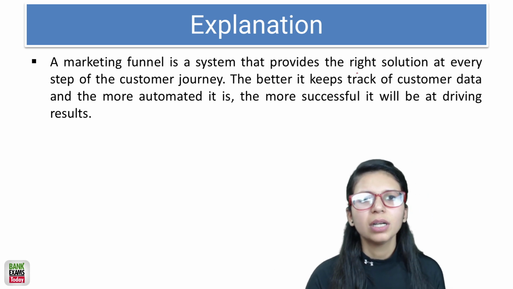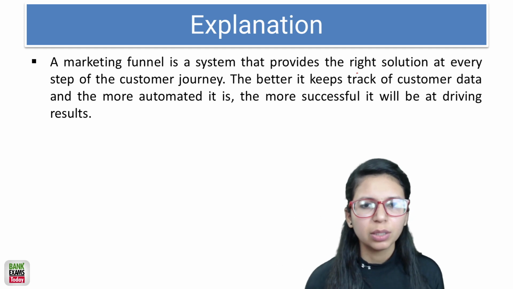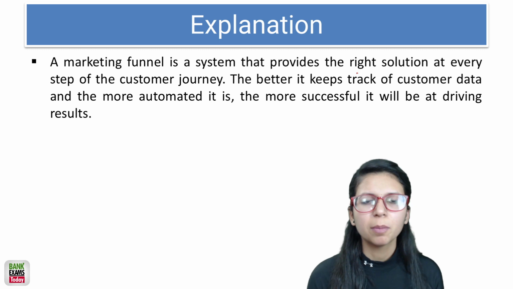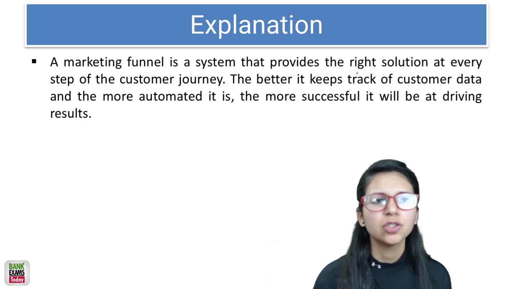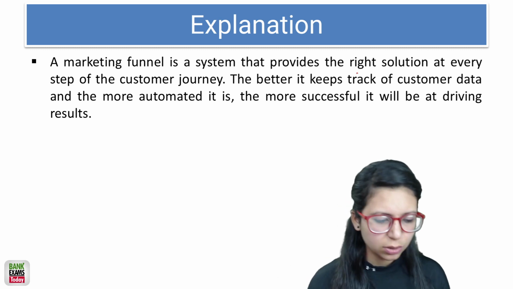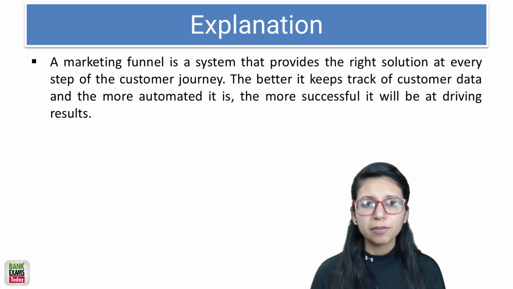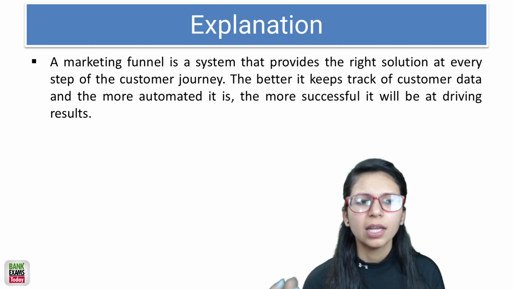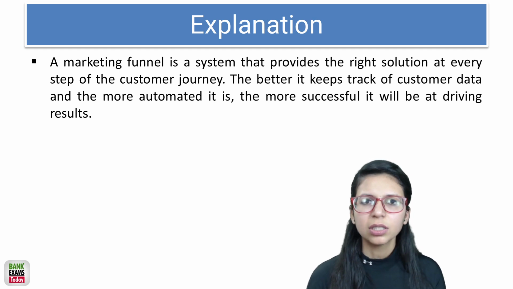it shows us the right solution, that whatever the customer's journey will be from the need stage to the ultimate purchase stage, whatever the need of the customer is, that is what is shown in this. It gives us the right solution for every step to follow in providing the services to the customer.